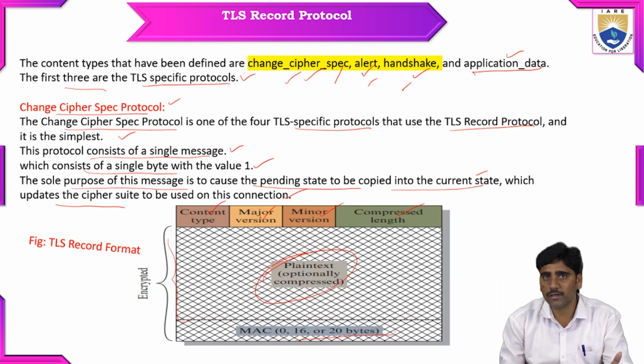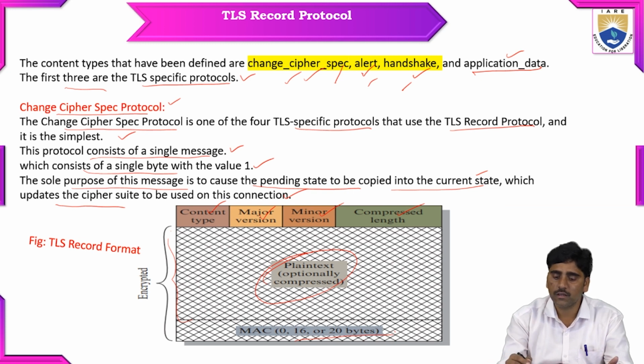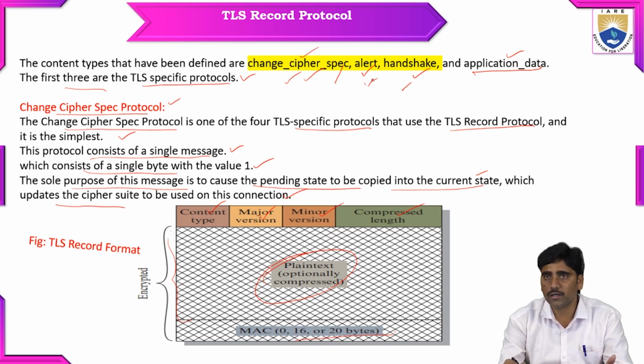And here the content types have been defined as change cipher spec protocol, alert protocol, handshake protocol. So the change cipher spec protocol is one of the TLS specific protocols that uses the TLS record protocol, and it is a simple one. It has the TLS record format: content type, major version, minor version, compressed length, and plain text, and a MAC of 0, 16 or 20 bytes.